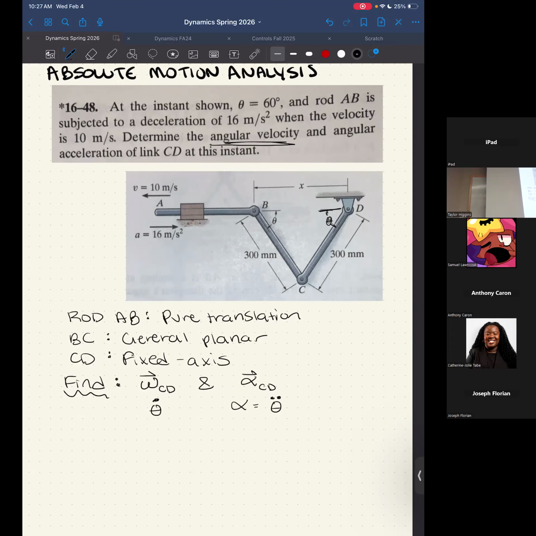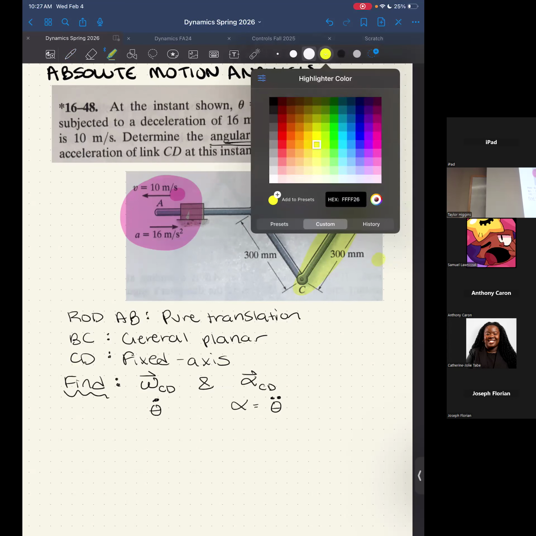Okay, so my next question is usually, how do I get from the area of the problem where I'm given a bunch of information to the part of the problem that I'm being asked about? Go point to point. I could go point to point, but let's think carefully about the first point to point I would consider.